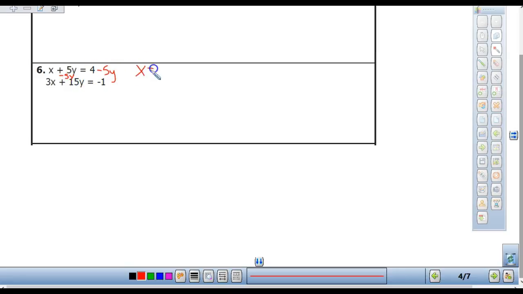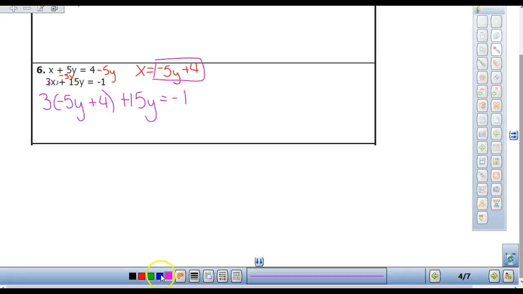So x equals negative 5y plus 4. All right. I'm going to box that up and put it in brackets. So 3 times (negative 5y plus 4) plus 15y equals negative 1.